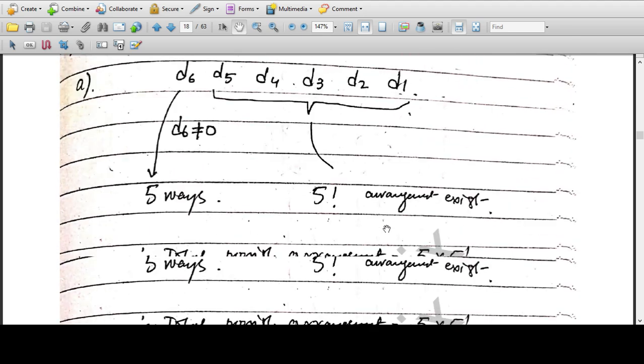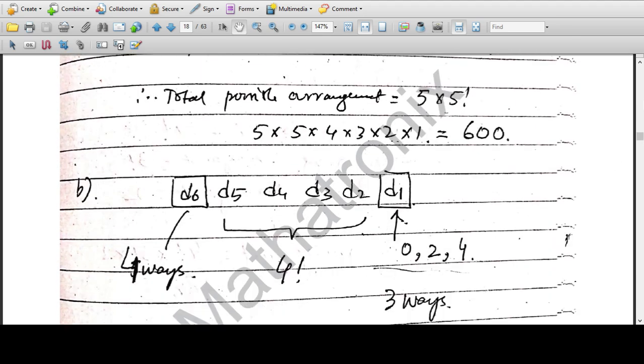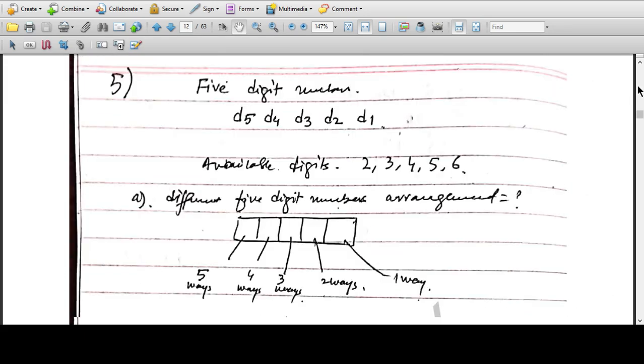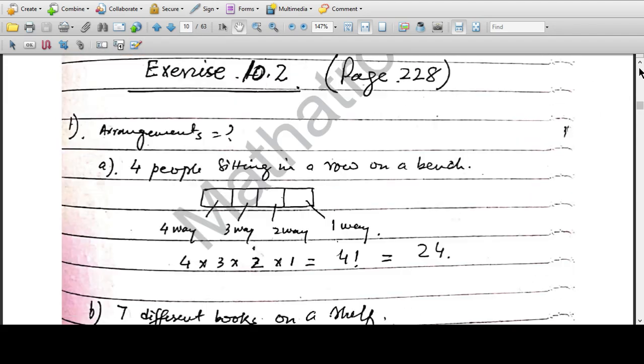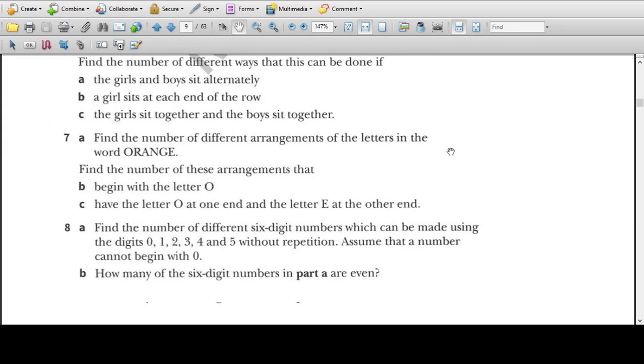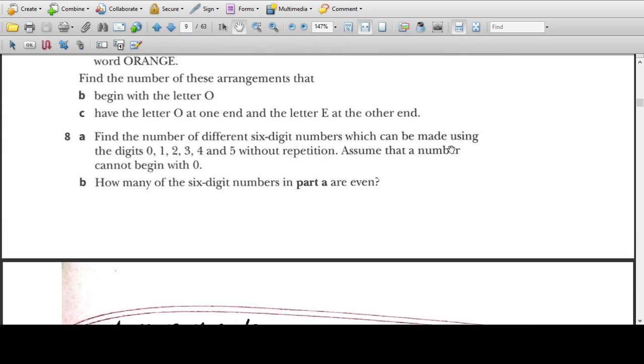Question number 8. Find the number of different 6-digit numbers which can be made using the digits 0, 1, 2, 3, 4, 5 without repetition, assuming that a number cannot begin with 0.